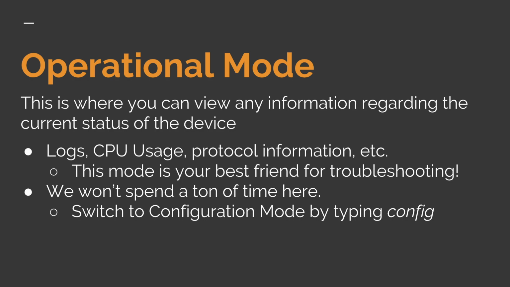There are a few others: restart, ping, traceroute, things you would do pretty much on a normal Linux system. And then from there you'd probably go into configuration mode. But you can get back to running commands in operational mode anytime from config mode by typing run. Whenever you're inside a configuration mode, that'll take you back up a layer to operational mode and run that command.